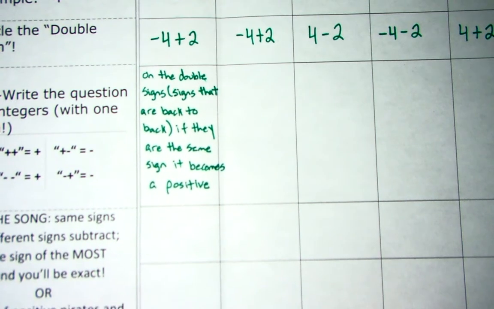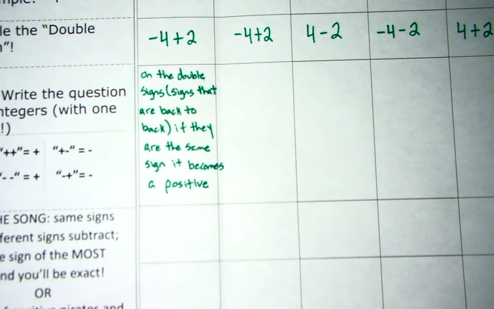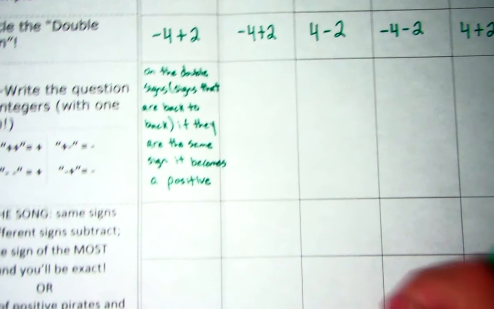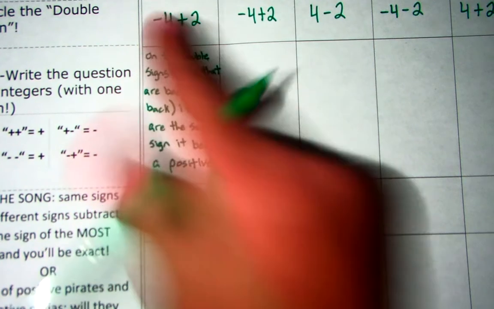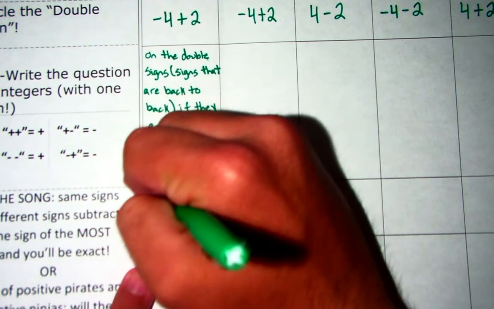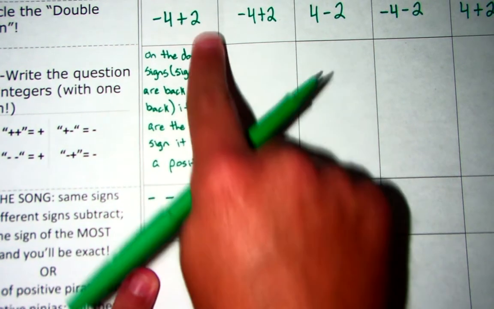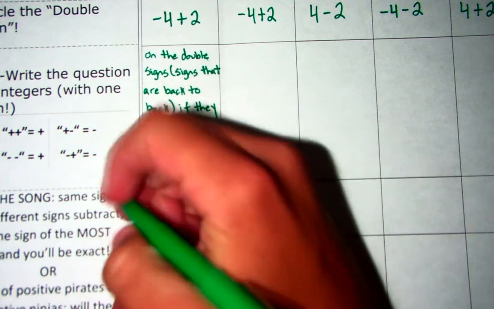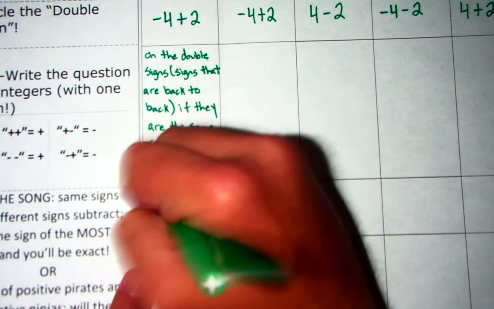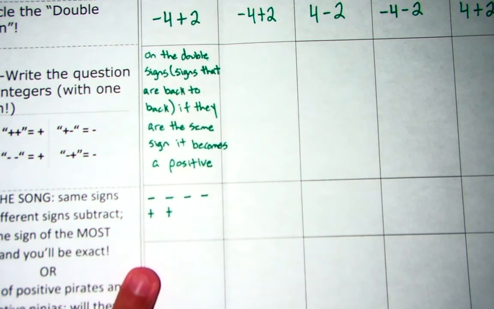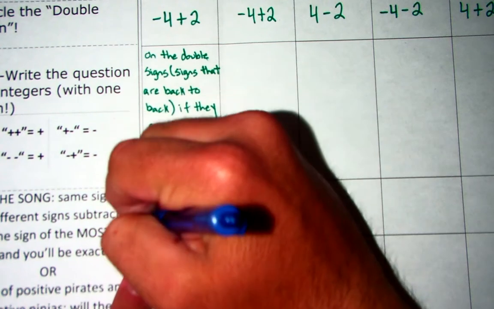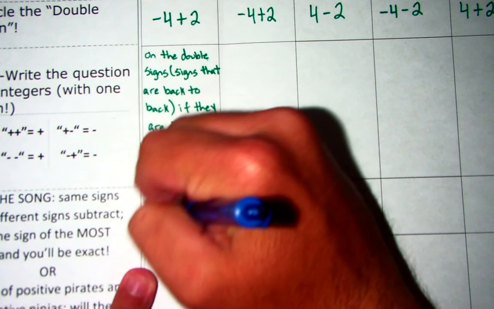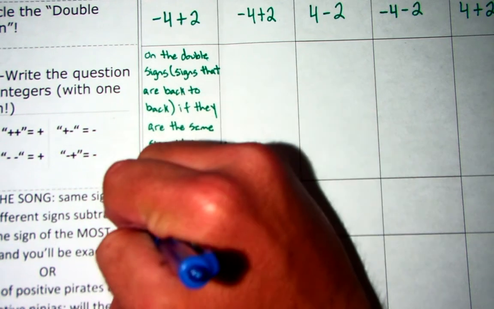All right. And now we're going to do our little ninja versus pirate fight like we did on our last bit of notes. This says I have 4 negatives. And this says I have 2 positives. Wow, would you look at that? These two guys go into battle, and so do these two. They zero out.